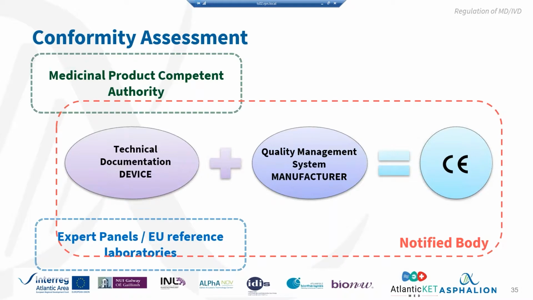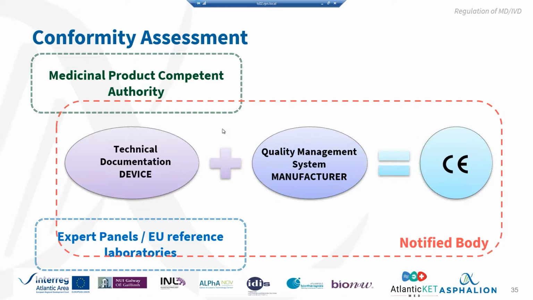Okay. When we prepare a medical device, we need to prepare technical documentation of this device, which is going to be linked to the quality management system of the manufacturer, and this will yield a CE marking. Okay. This process involves notified bodies, which, as we said, will assess devices from class 2A to 3.